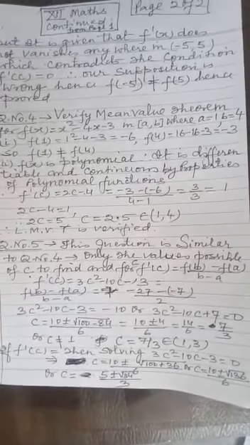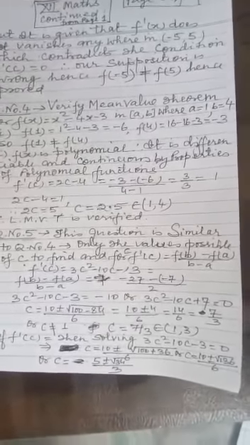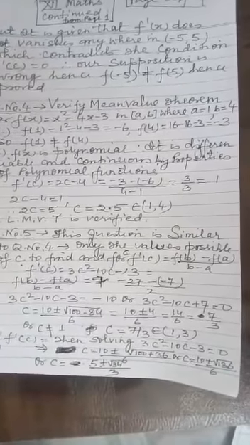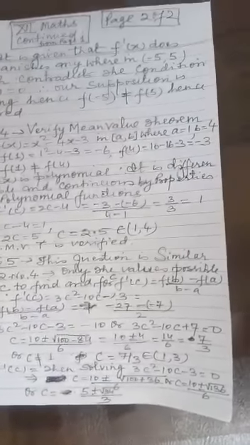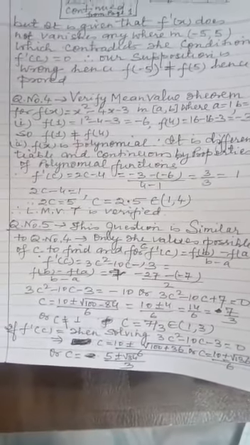But as you know c cannot be equal to 1 because c has to lie in the open interval 1, 3 which is given in the question, and therefore the only possible value of c is 7 by 3, which lies in the interval 1, 3. And if f dash c equal to 0, then c must be equal to 5 plus minus root 34 upon 3. As shown in the calculation, you can go through it.